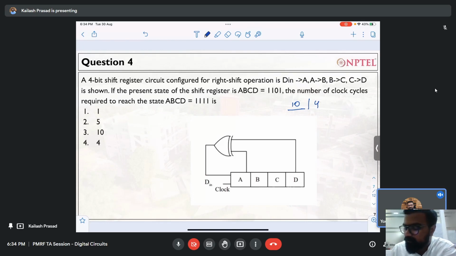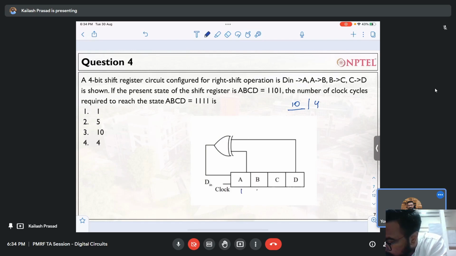Okay, so let me try this solution for you. Let us consider initially this is 1101, ABCD.